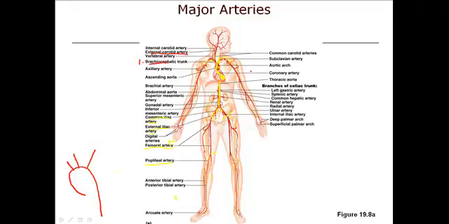And then the last one is the left subclavian. The brachiocephalic will branch into the right subclavian. Off of the common carotid, it will then split into the internal and external carotid.